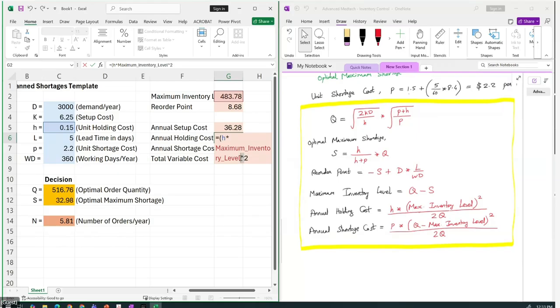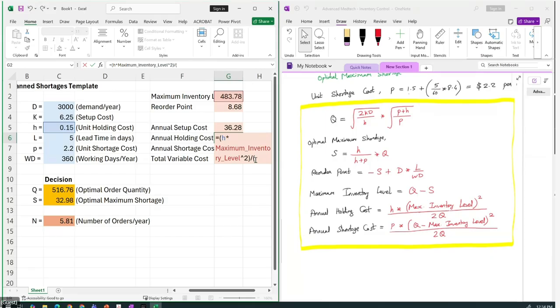Where do I get this power symbol? Shift plus number 6 on your keyboard. I hope you're with me, right? If you find that very difficult, maximum inventory level into another time maximum inventory level, 2 times or just square. Divided by what?